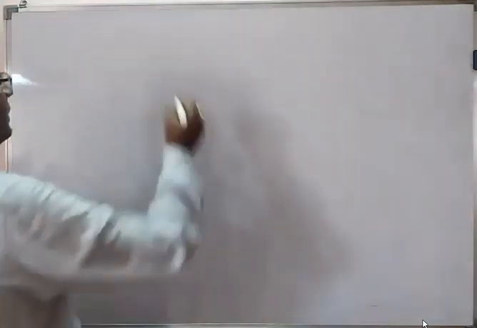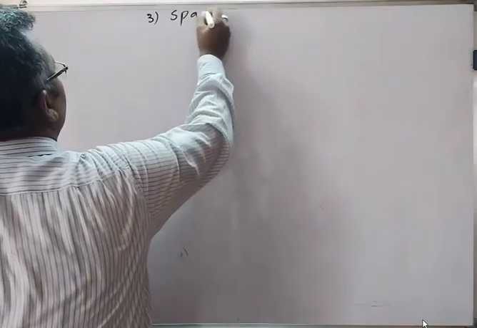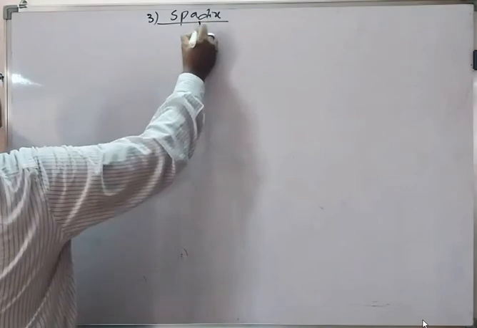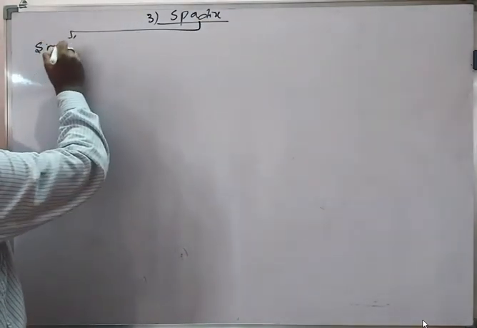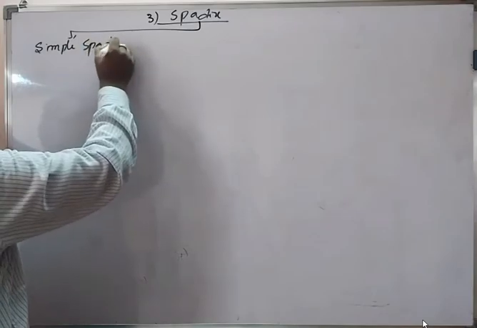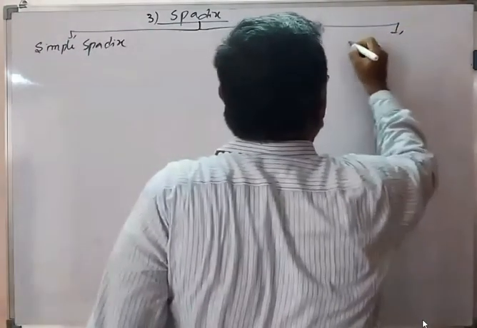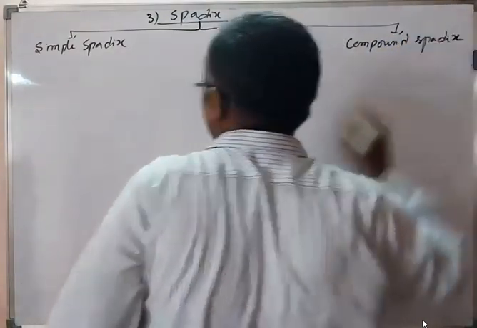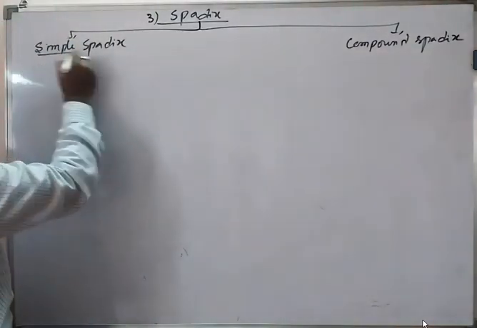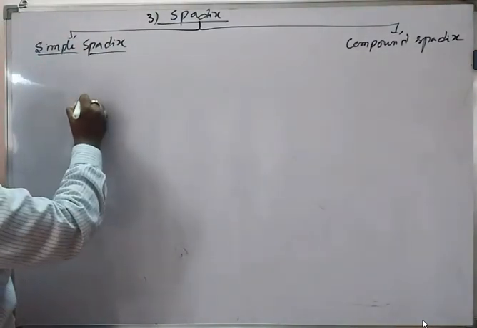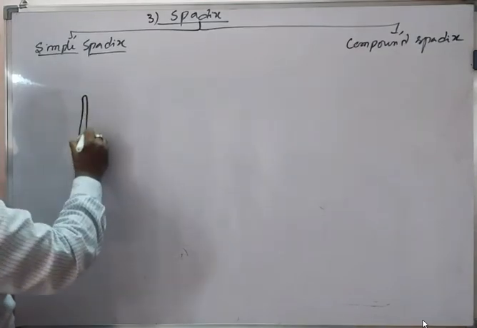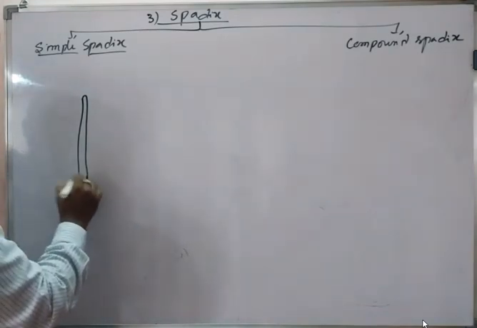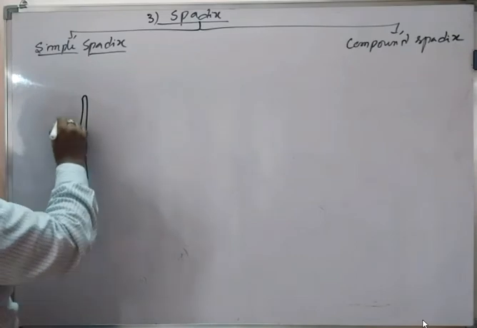The third type, spadix. We have two types, simple spadix and compound spadix. Simple spadix means the peduncle is elongated. Please listen to me carefully. Don't write anything.